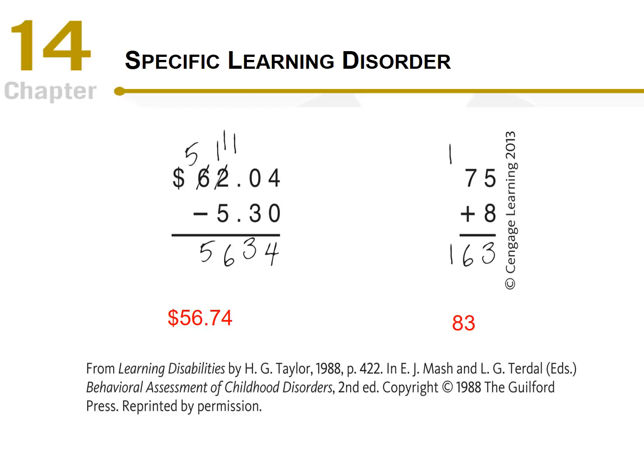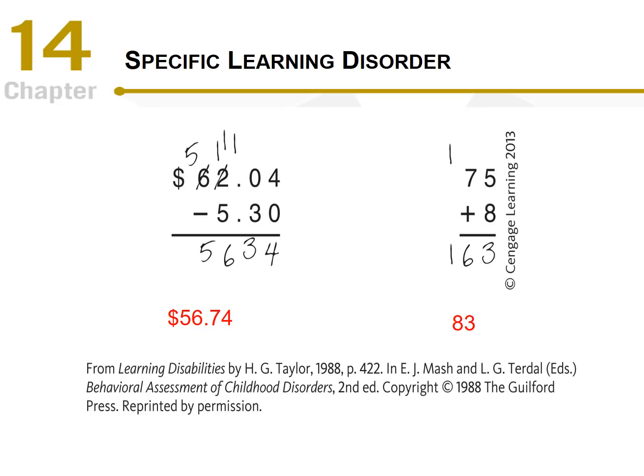Now in the money problem on the left, they weren't far off. 56.74 was the correct answer, and they're only off by about 40 cents here. But you can see they got confused. The first part is right, so we're subtracting here: 4 minus 0 is 4. Then there needed to be some borrowing in the next area, and this is where things got misaligned.